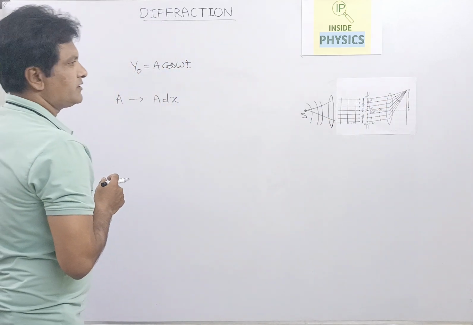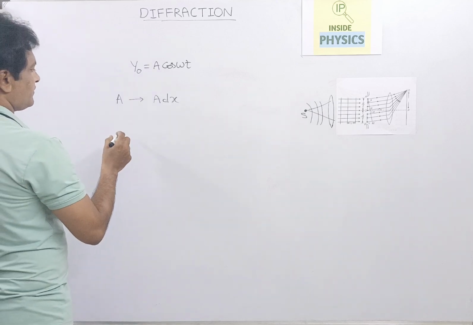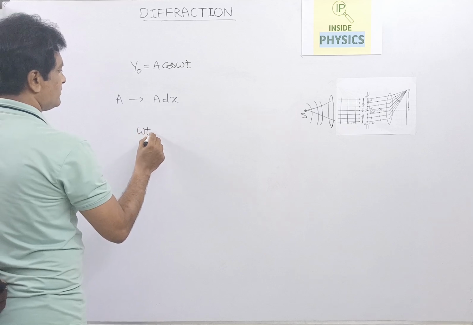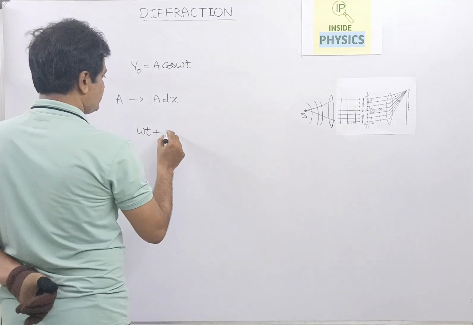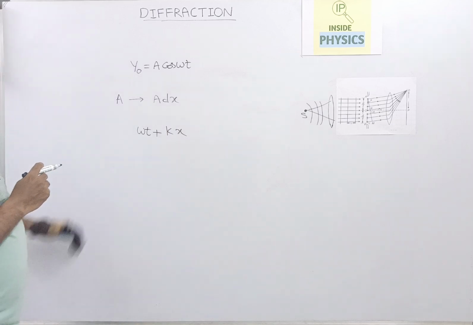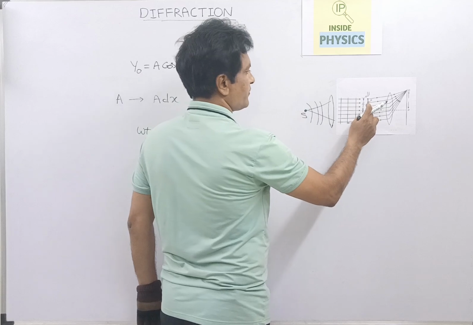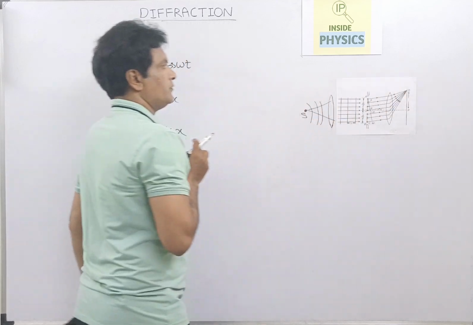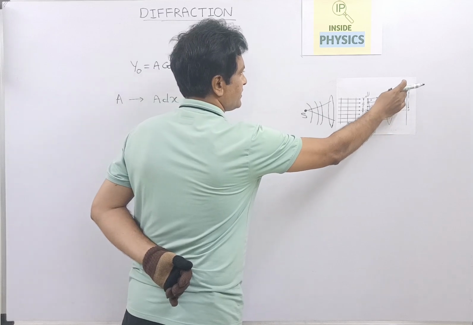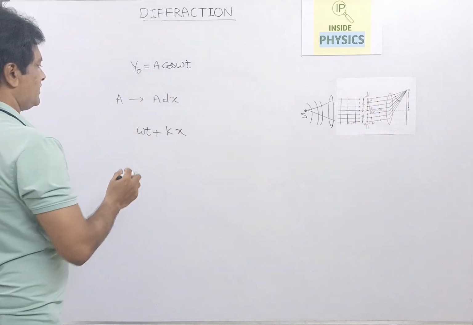What is the phase? The phase can be considered as ωt plus kx. This is the phase of the waves coming from O to Q. After coming to Q, there is a phase difference for the interfering waves, which we are calculating here.